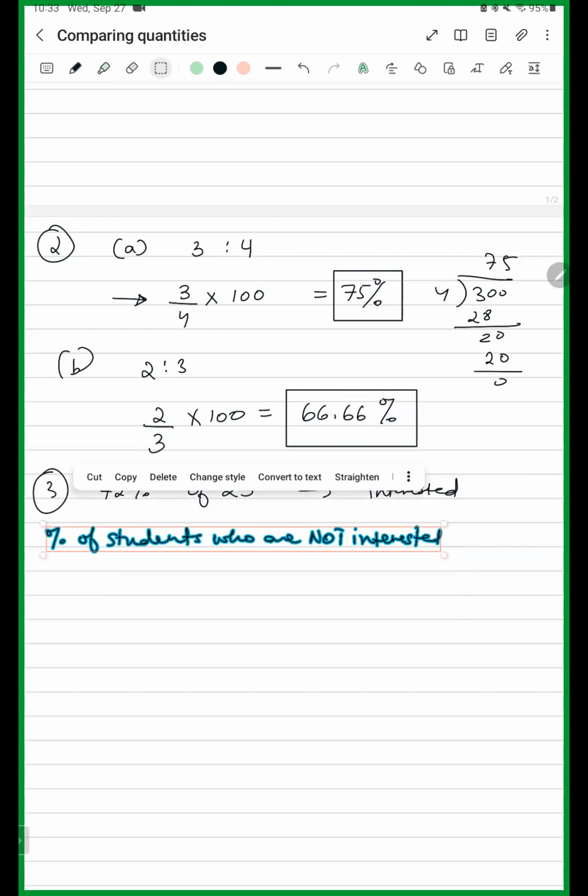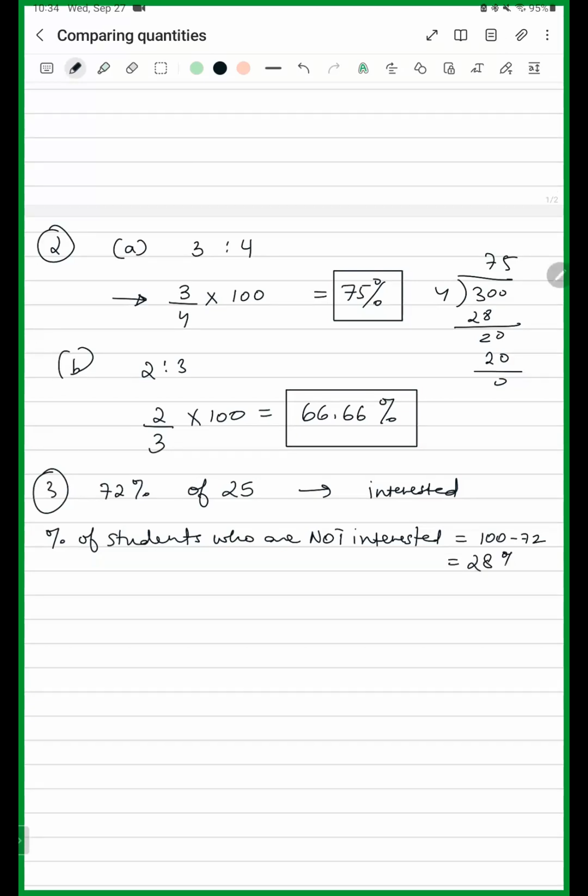Because if everyone in a class is interested in maths, then 100% of them are interested. It can't go beyond 100%, right? So since 72% are interested, 100 minus 72 will be not interested. So 28% of students will be not interested.